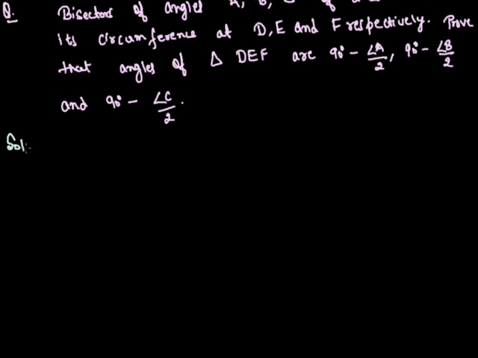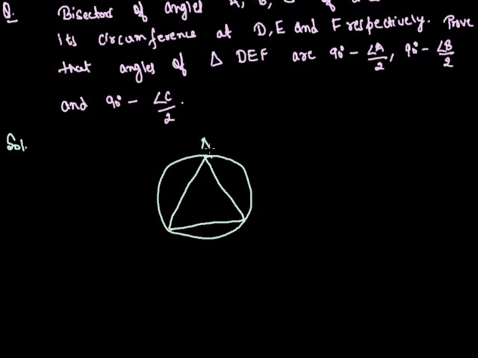Solution. Now the bisectors of angles of triangle ABC meet the circumference at D, E and F, which forms a triangle DEF like this.